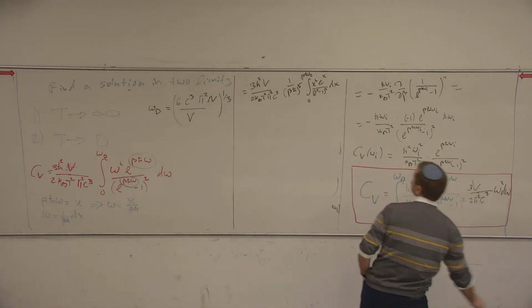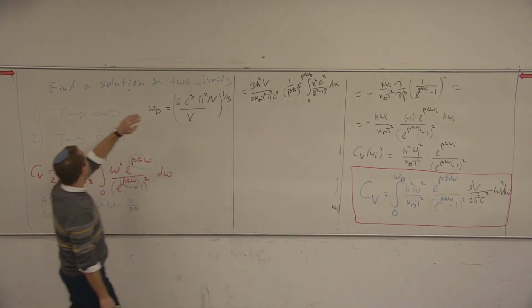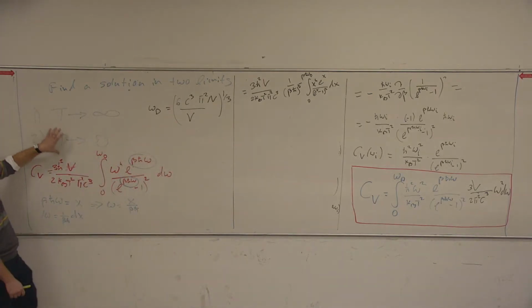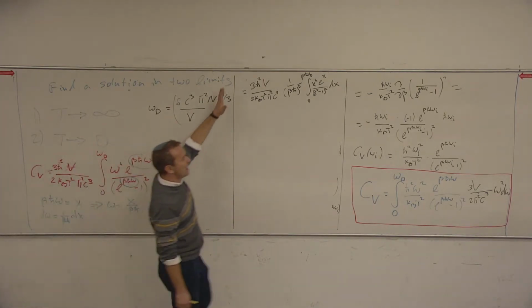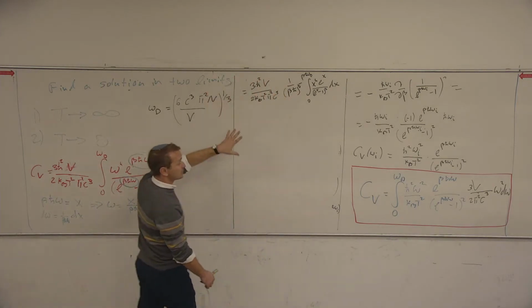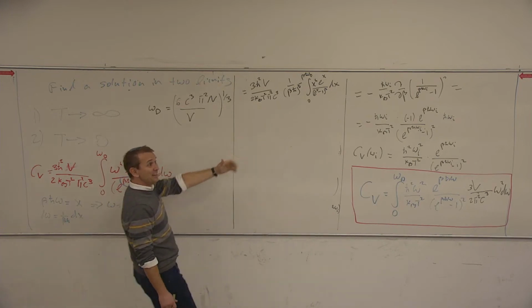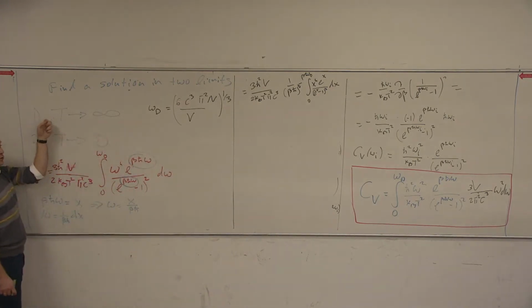So I have all these prefactors, right? First of all, if we are dealing with the limits of T goes to infinity and T goes to 0, I want to write everything here not in terms of beta, but in terms of T. So let's write everything in terms of T and see why what we're left with is actually extremely good for those two limits.